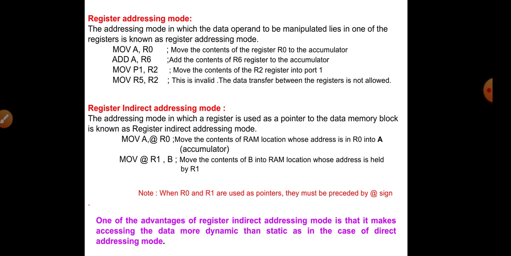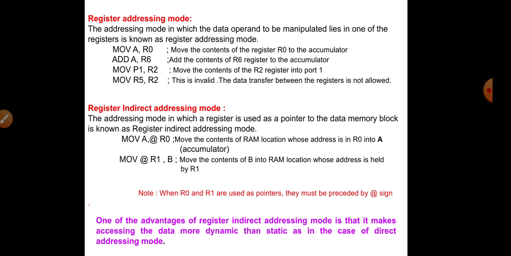The second example, MOV @R1, B. Move the content of register B into the RAM location whose address is held by register R1. In the case of 8051, only two registers can be used as pointers: register R0 and register R1.